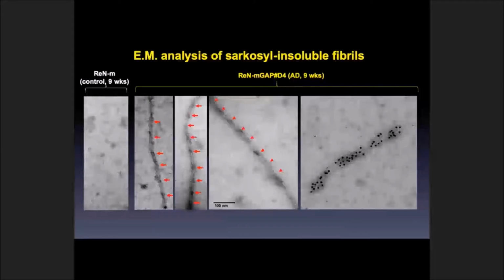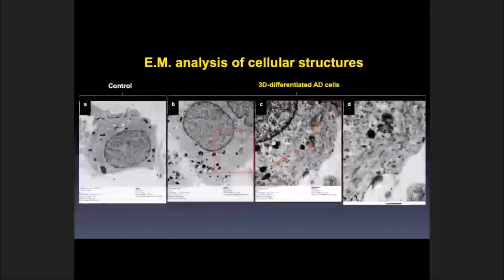And this is another immunostaining, where we can see these filament structures and the immunogold particles nicely. Again, this is for the first time in a human model. Other models cannot recapitulate these strong aggregations. The structure is not that easy to see, because immunogold labeling generally destroys the structure. And this is EM in the cell cultures, and this is AD cells.